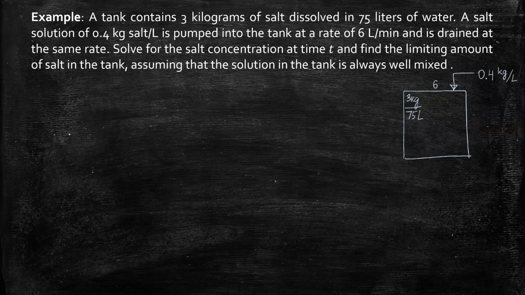So it comes in at 6 liters per minute. And at the same time, we have something coming out at the same rate, so 6 liters per minute. And the solution is well mixed.